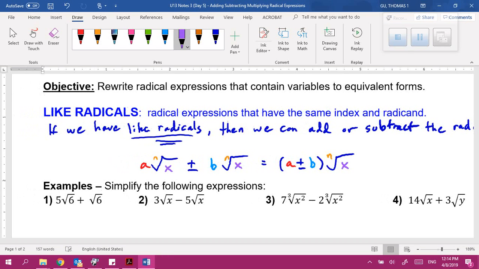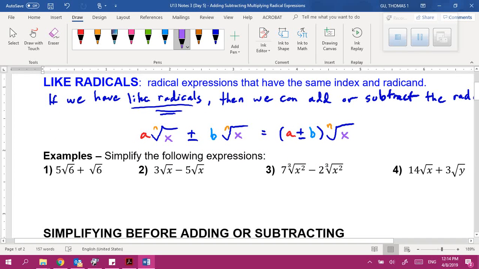All right, so these general formulas or equations always look a little bit complicated, but once we do some examples, you'll see that really it's not that complicated. So remember the rule. If we have like radicals, that means same index, same radicand, we can add or subtract the terms. So look at example number 1. It says 5 square roots of 6 plus the square root of 6.